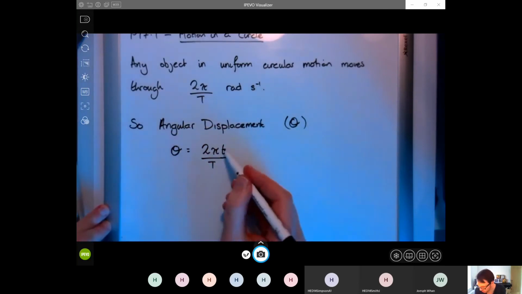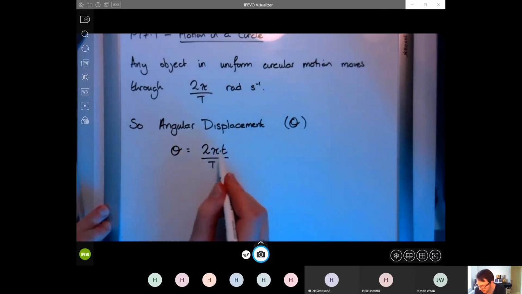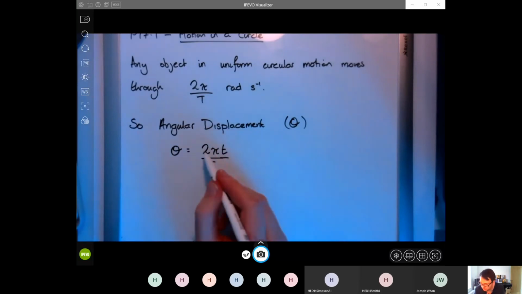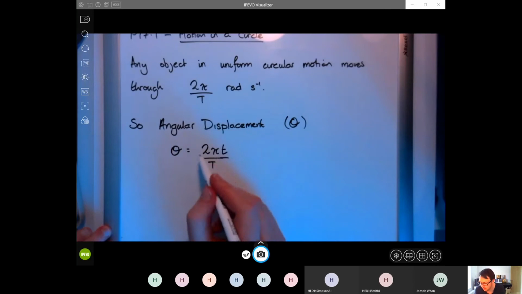So in other words, you're looking at the ratio of the total time multiplied by how many radians you have. If little t is greater than big T, then you're going to have more than 2 pi. If little t is smaller than big T, you're going to have less than 2 pi, which means you've not done a full revolution.